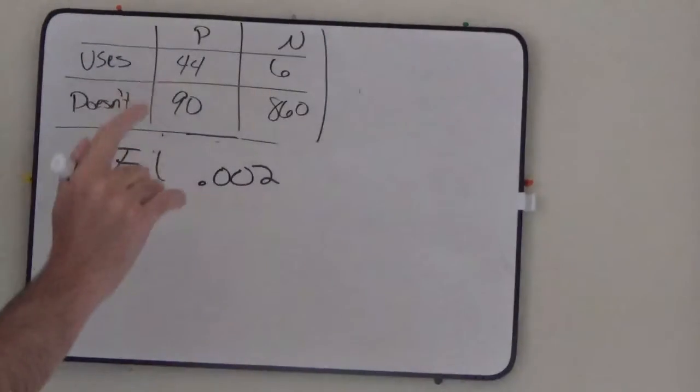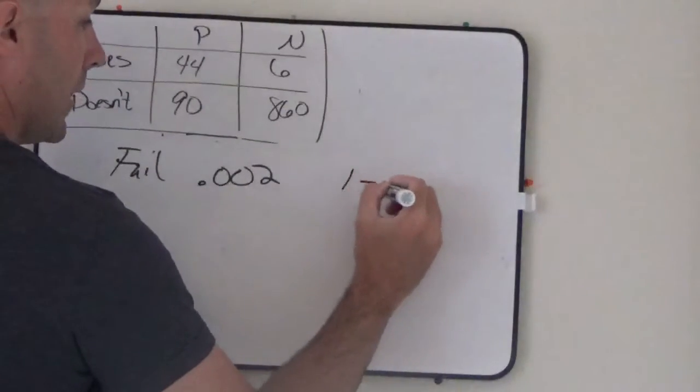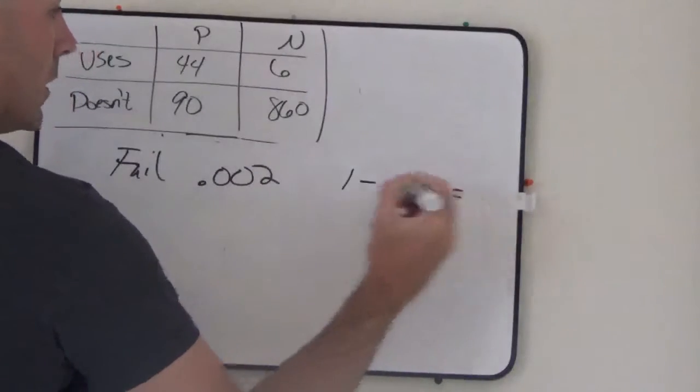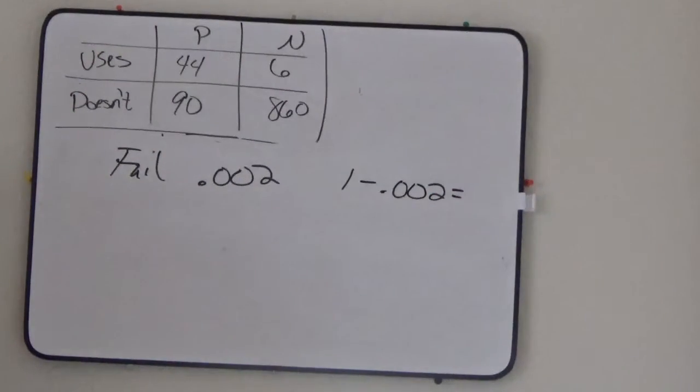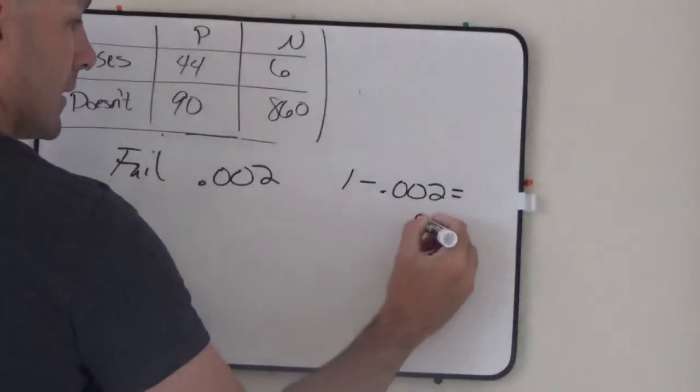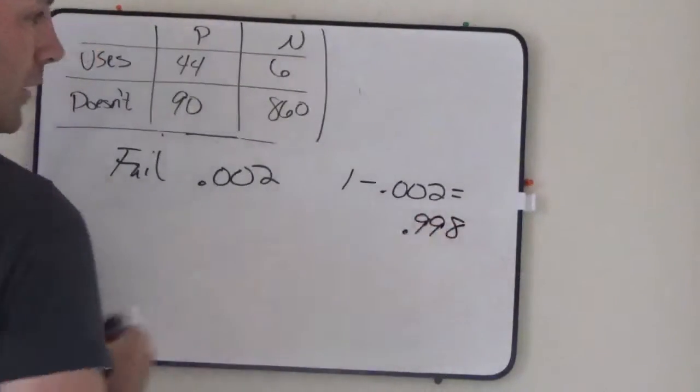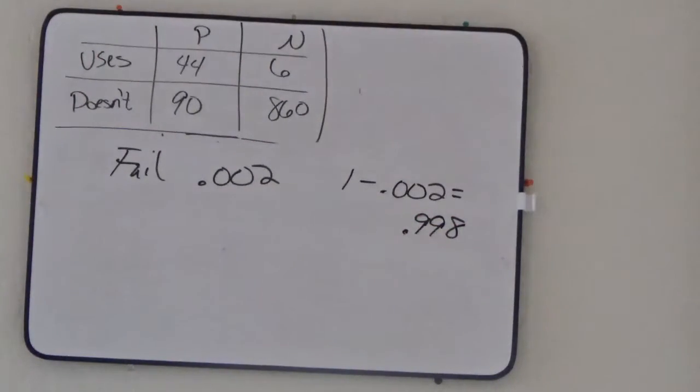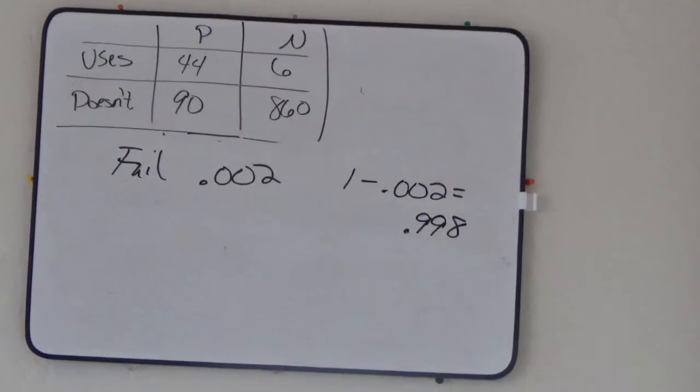So for only one system, it would be 1 minus 0.002, which gives us a 0.998 success, okay? That's just for one hydraulic system working and not failing. You have a 0.998 probability of success. Okay, that's good news. I mean, you have a 99% chance that you're going to make it to your next location without a wreck. Now let's include all three of these hydraulic systems in this, okay?